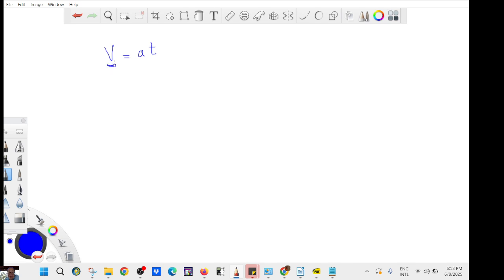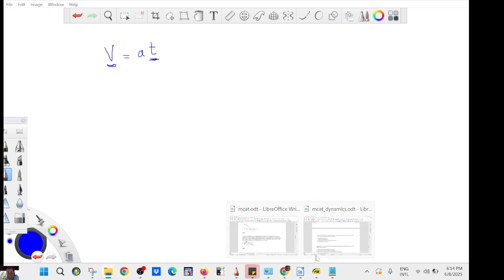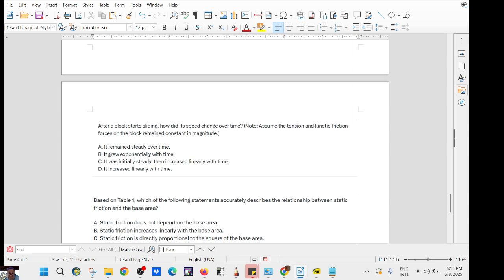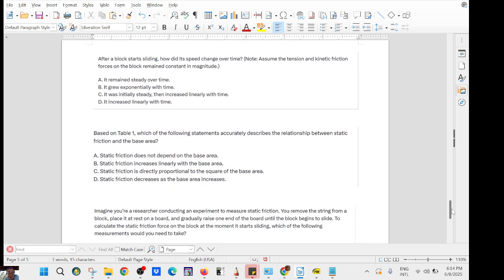So the velocity will change linearly with the time if there is a constant acceleration. So the answer is the speed will increase linearly with the time.